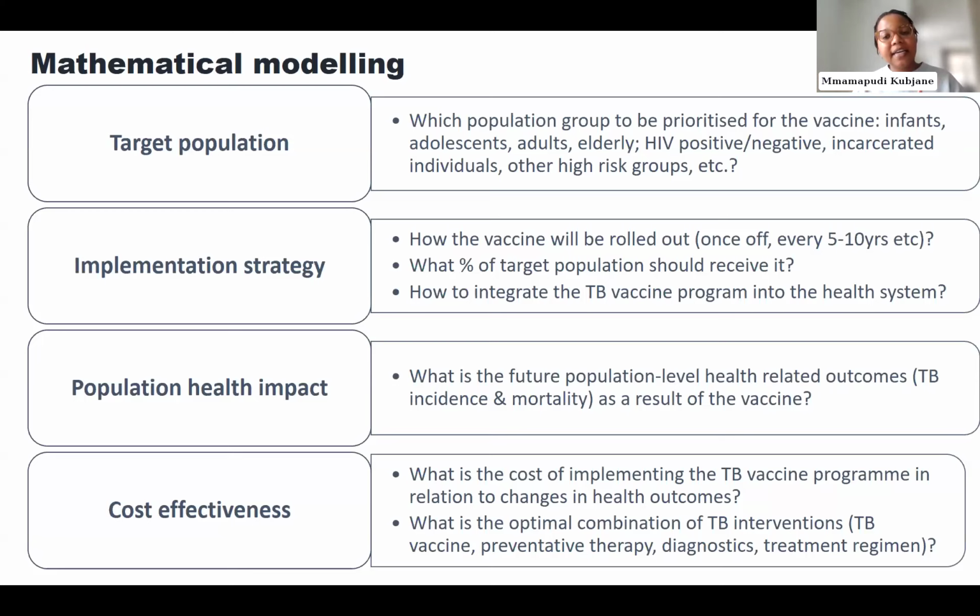And how will the TB vaccine program be integrated in the entire health system, especially where a TB program already exists, and we would be introducing a new tool? So how will that fit with the existing interventions or the system in general?